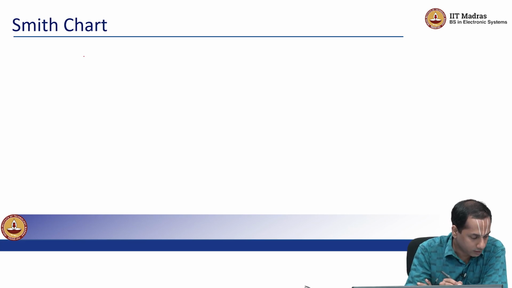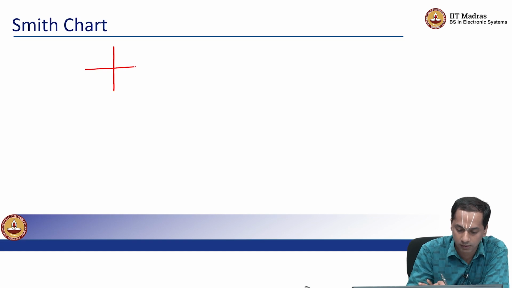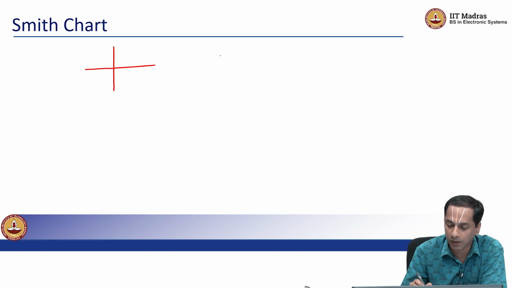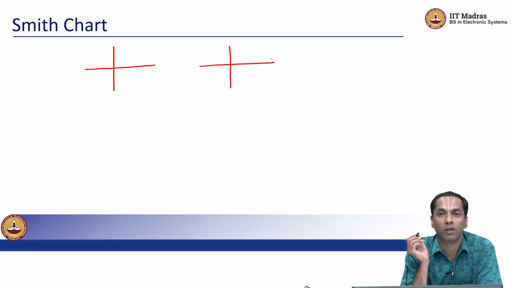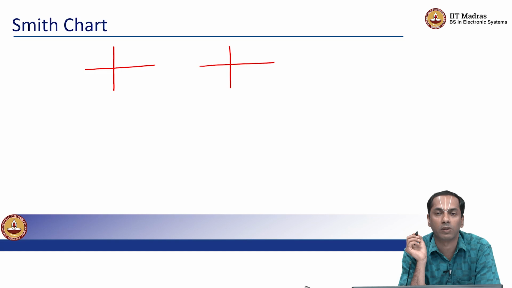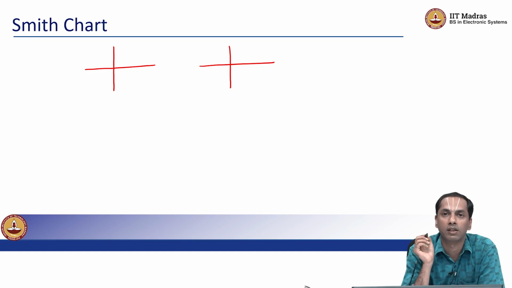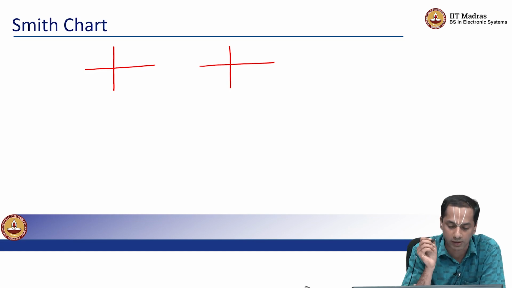So the Smith chart is essentially a mapping. Fundamentally, it is simply a mapping between one complex plane to another complex plane. So there's nothing to worry about. The chart, of course, looks very unconventional, so I'm going to show that very briefly towards the end of this discussion.